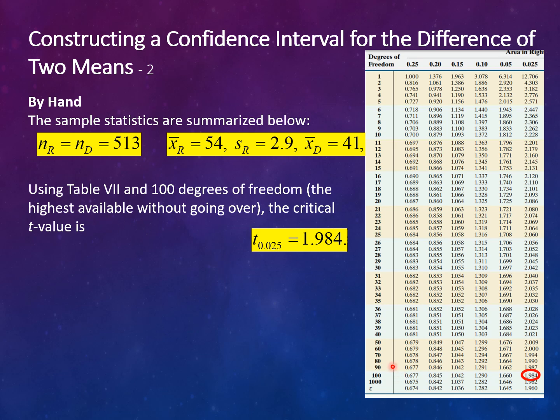So we use the largest value without going over, and so that would be the 100 value. Remember, we're doing t sub alpha over 2, so being that alpha was 0.05, alpha over 2 would be 0.025, and so there we get our value for the critical t value, which is 1.984.